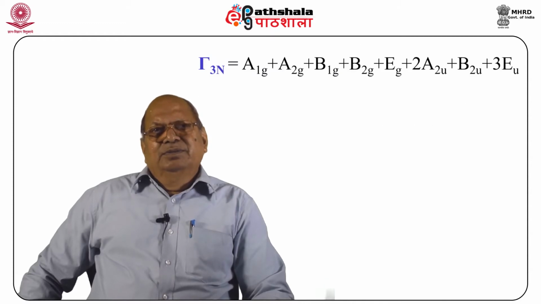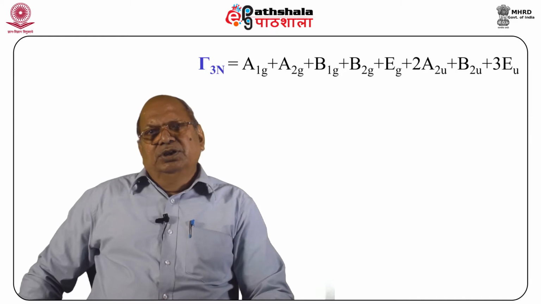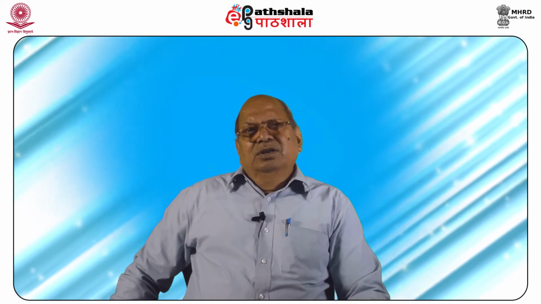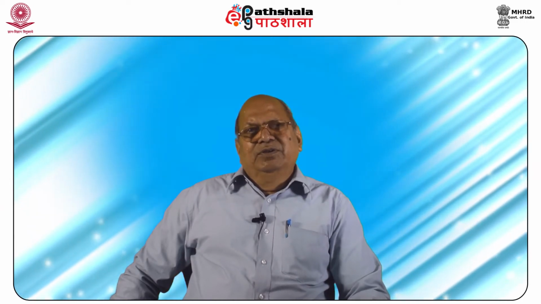After reduction, the result comes out to be A1g, A2g, B1g, B2g, Eg, 2A2u, B2u, 3Eu. If you write down the dimensions, the total dimension is 15. This is the way we are getting it.